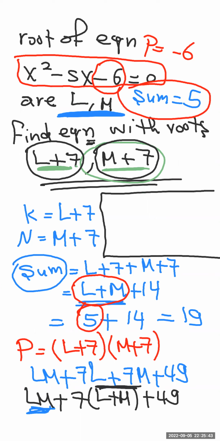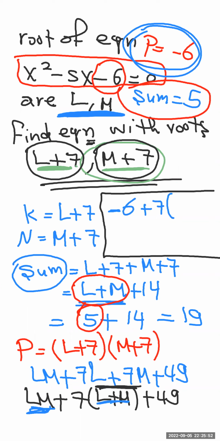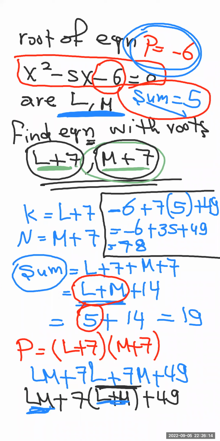LM, the product, equals -6, plus 7 times (L plus M), which is 5, plus 49. So now -6 plus 35 plus 49 will equal 78. So this is the product.